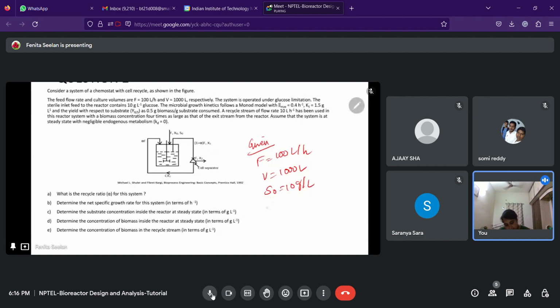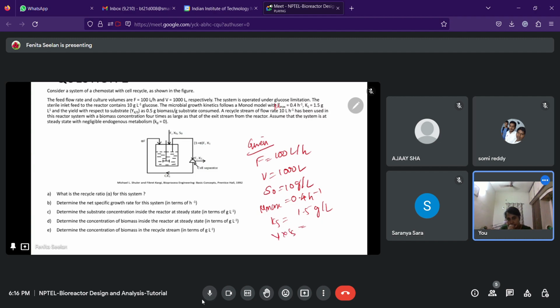Mu max is 0.4 per hour. Ks is 1.5 gram per liter, and Yx is 0.5 gram per gram.